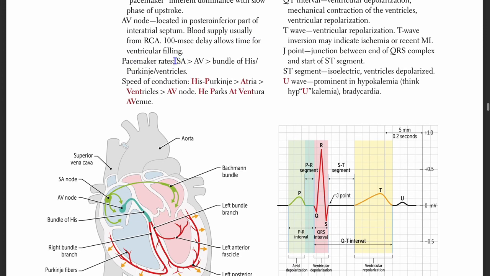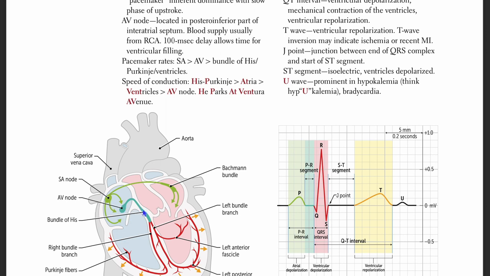Pacemaker rates. The fastest one is the SA node, right? Because that's the one that decides it. So SA node, then AV node, then the bundle of His, and then the Purkinjes, and then the ventricles. So it goes just like that.